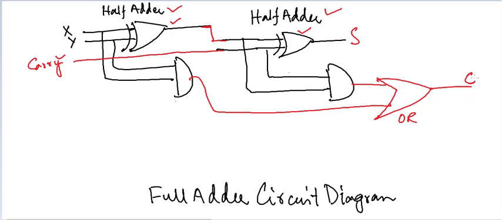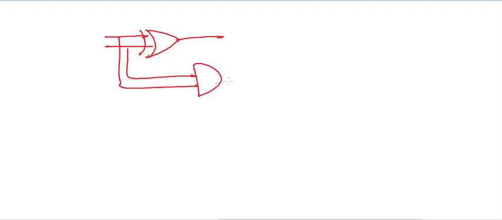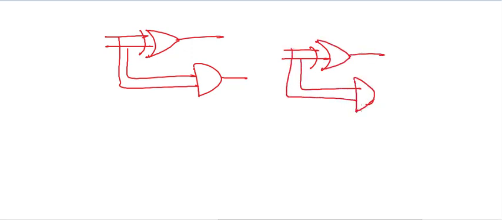Let me draw this once again so that you can memorize this. All you require for this is 2 half adders. So I'm just quickly going to draw a half adder. It's an XOR gate with an AND gate, right? And I'm going to draw another half adder, XOR and AND, right?